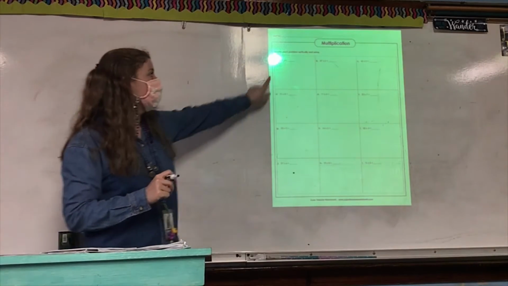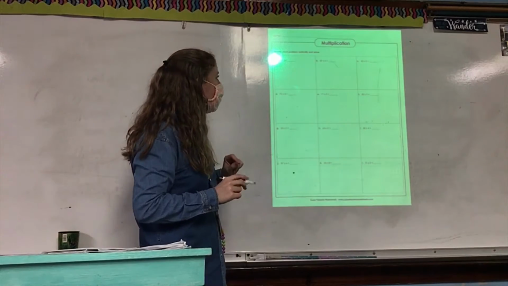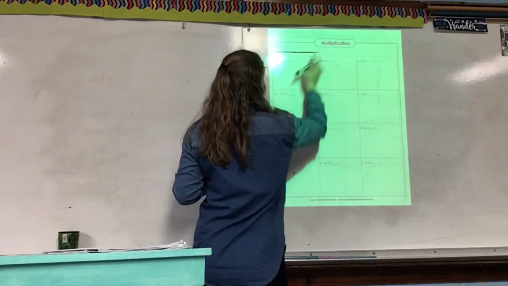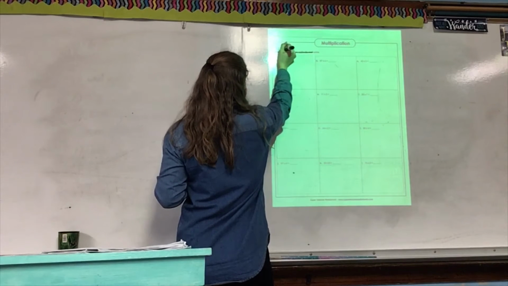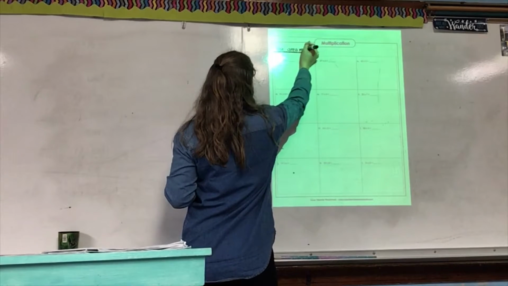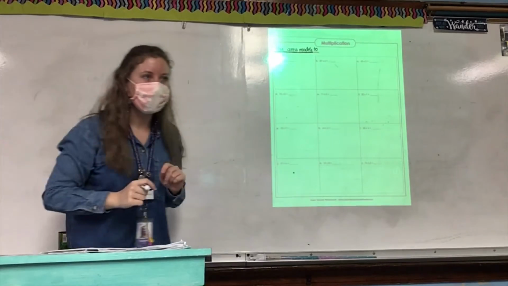let's do A together. Now this says rewrite each problem vertically and solve. Cross out rewrite each problem vertically and leave solve. And write use area models to, and then solve stays.